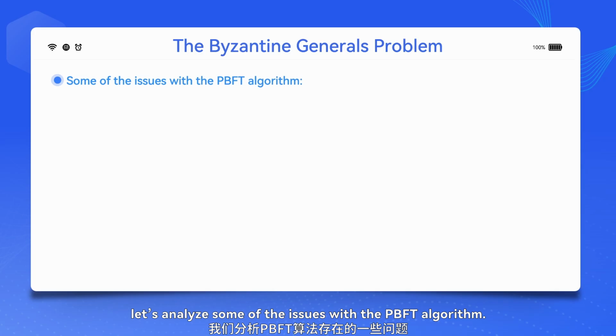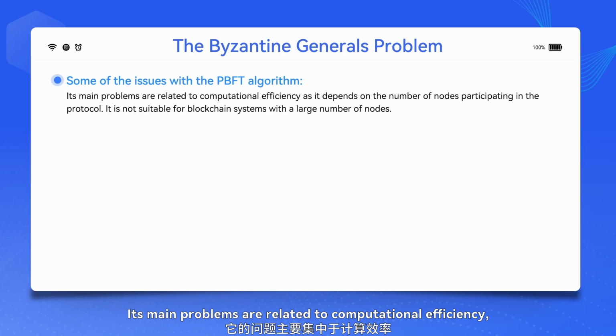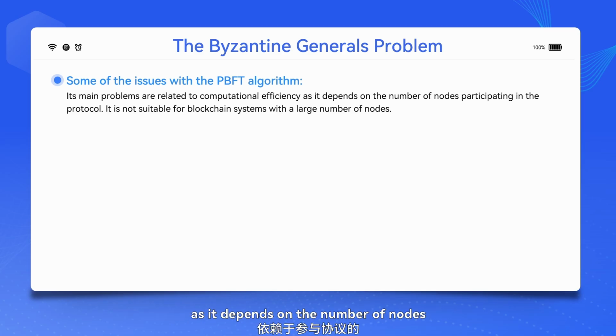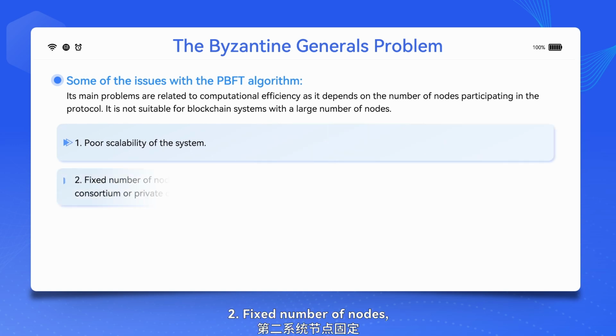Next, let's analyze some of the issues with the PBFT algorithm. Its main problems are related to computational efficiency, as it depends on the number of nodes participating in the protocol. It is not suitable for blockchain systems with a large number of nodes. The issues are primarily reflected in 1. Poor scalability of the system. 2.